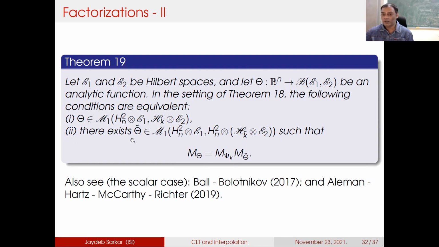That's going to happen if and only if you find a better multiplier, from the Drury-Arveson space to the Drury-Arveson space itself, such that your theta factors through your psi k. And this result from the scalar point of view is due to Ball and Bolotnikov in a 2017 paper, and then Aleman, Hartz, McCarthy, and Richter got it in the general case, but still scalar valued, in a 2019 paper.